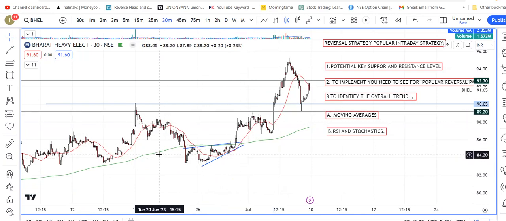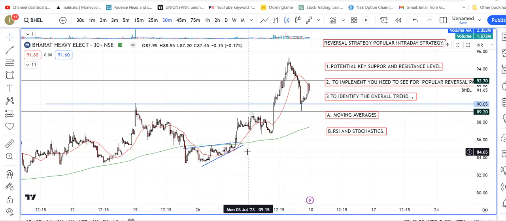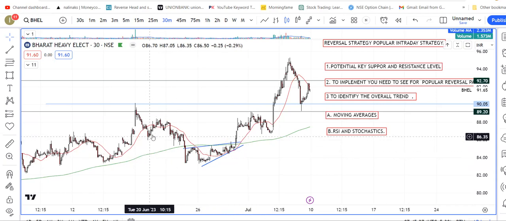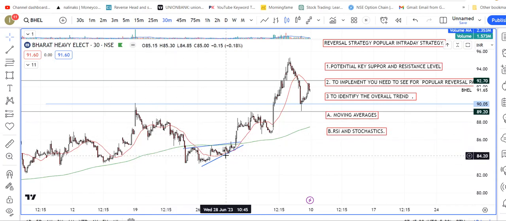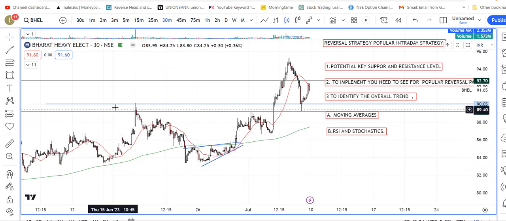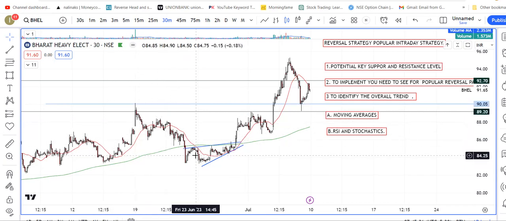Another way is to use moving averages. Here, you can take a 20 period moving average and a 200 period moving average. Price has fallen below both the 20 period and the 200 period moving averages, and it started consolidating. When it starts consolidating, you need to wait and apply your logic.